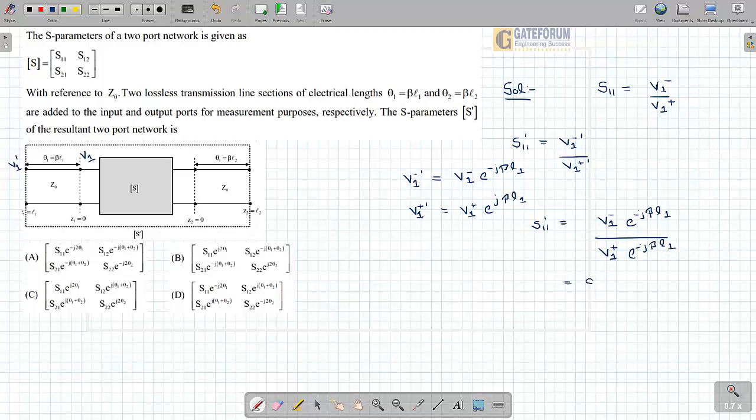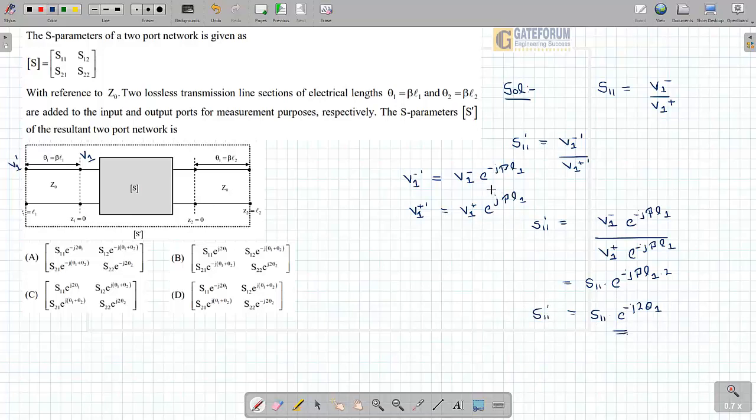That will become S11 e to the power minus j beta L1 into 2. Beta L1 is theta 1, so that will become S11 e to the power minus j 2 theta 1. So that will be your S11.